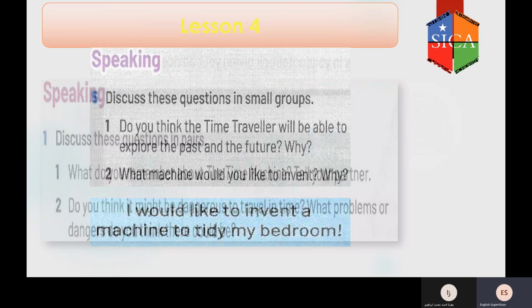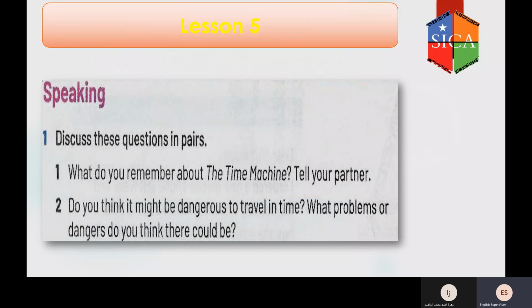Let's go to the next slide. And here in lesson 5, it's speaking time. What do you remember about the time machine? Tell your partner, tell me.